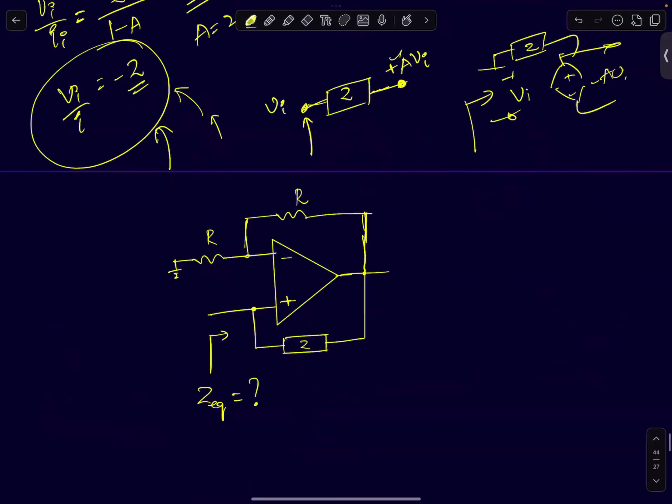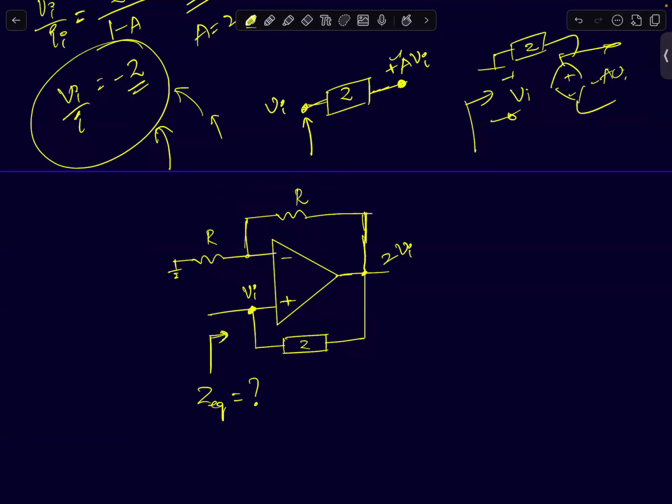So how do I do that? Let's take a simple circuit like this. We know that a gain of 2 can be realized using a non-inverting amplifier. So if I apply an input voltage Vi here, this node voltage will be at 2 Vi.